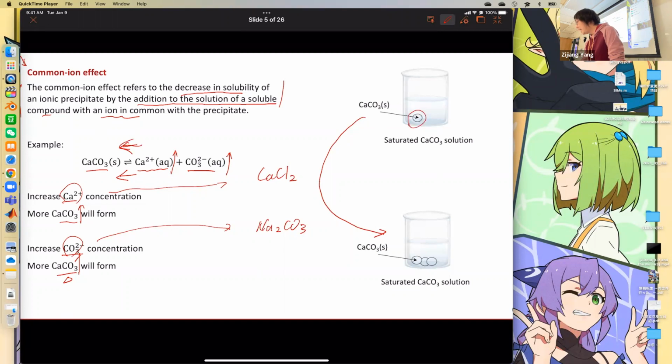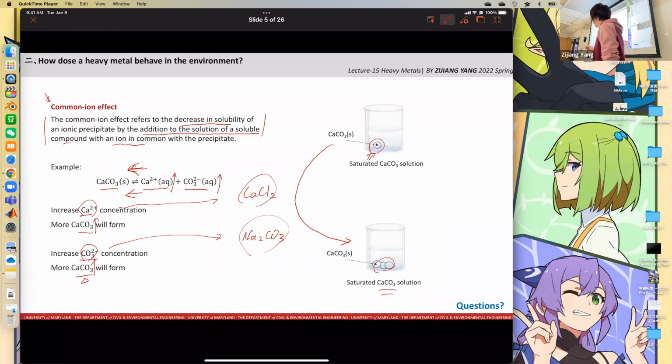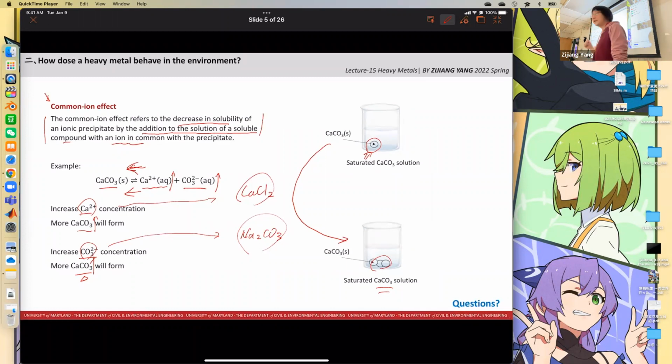So maybe we only have a relatively small amount of calcium carbonate, but by adding these to the solution, we will have more precipitation. Basically, we can decrease the solubility of calcium carbonate by adding some other chemicals. Do you guys have any questions? No?